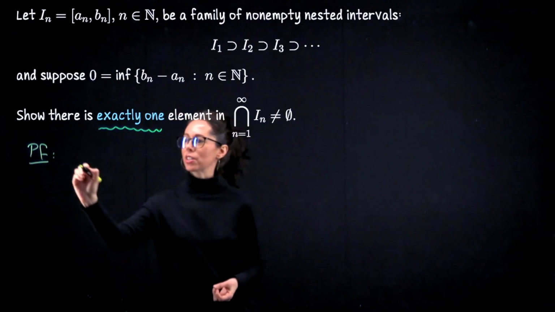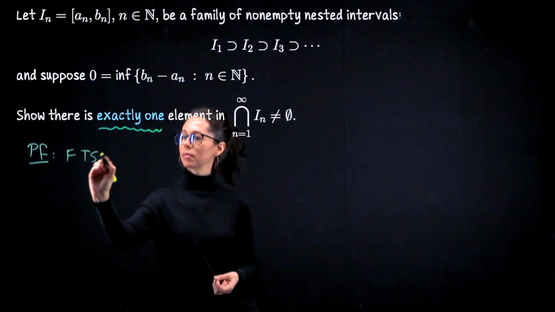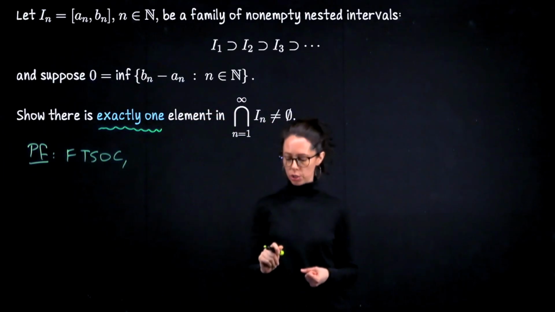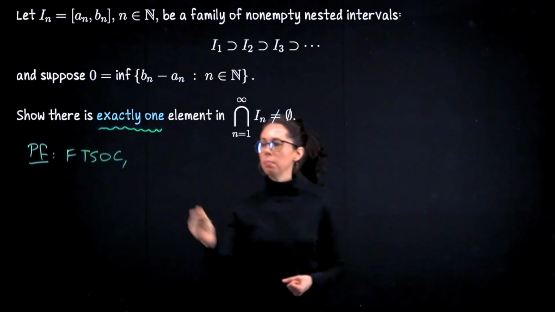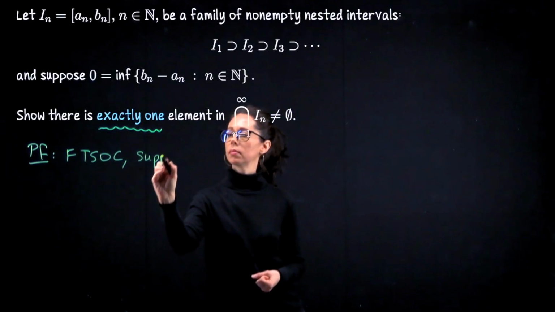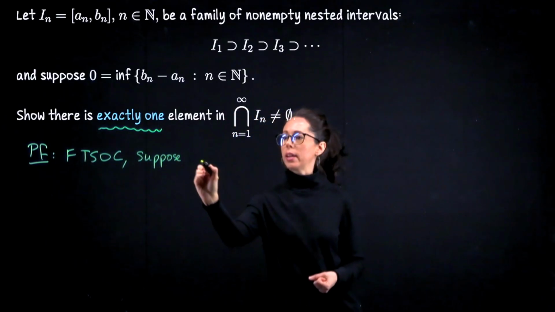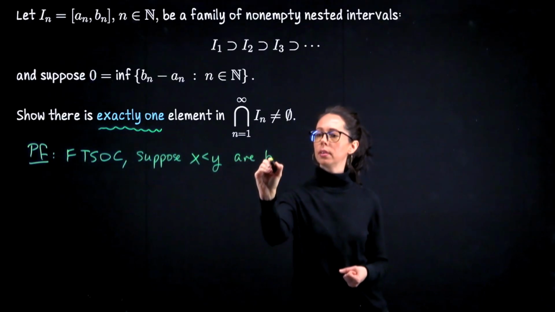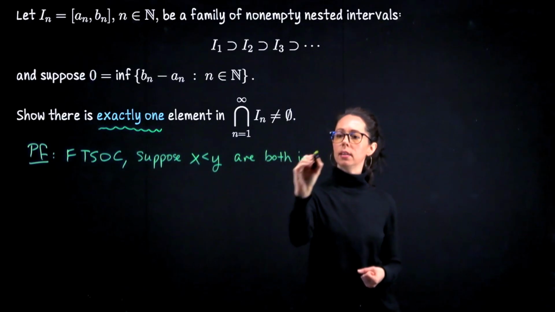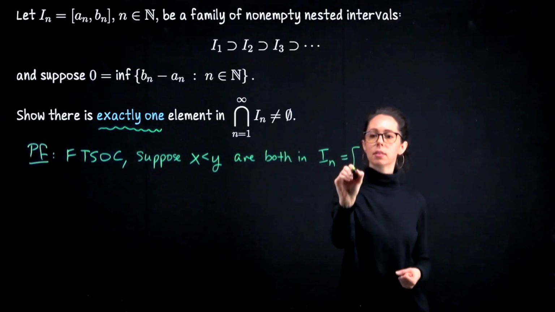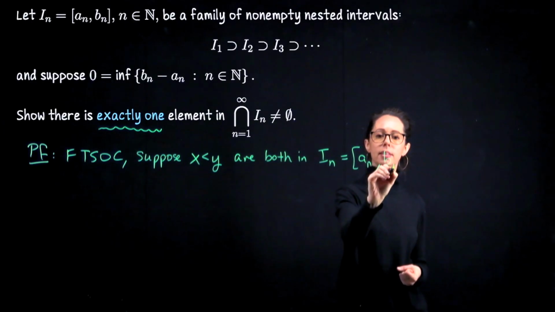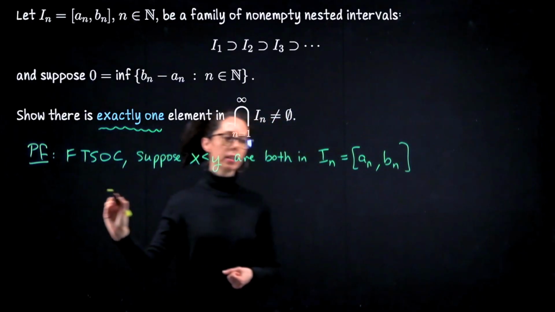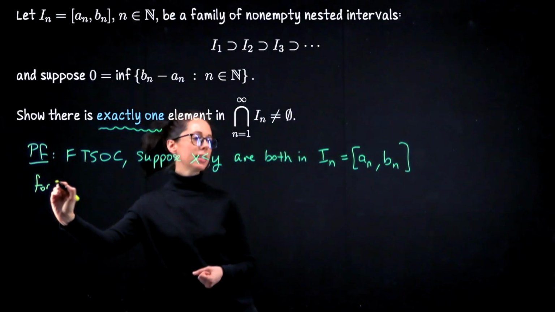For the sake of contradiction, suppose that there are two elements, and let me order them. I'll just go ahead and write x is less than y, are both in I sub n equals the interval from an to bn, including the endpoints, for all indices little n.